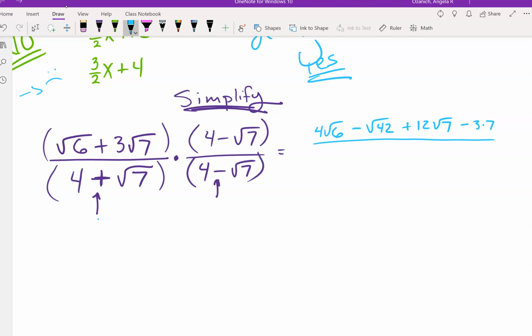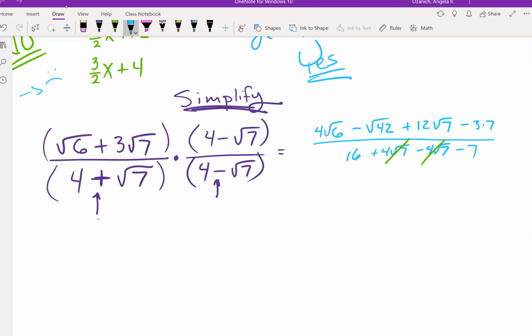On the bottom, it looks like we're going to get 16, and then we're going to get a plus 4 root 7 and a minus 4 root 7, and that's what we want. We want those two to cancel, right? That's the goal for that, and then a negative 7.